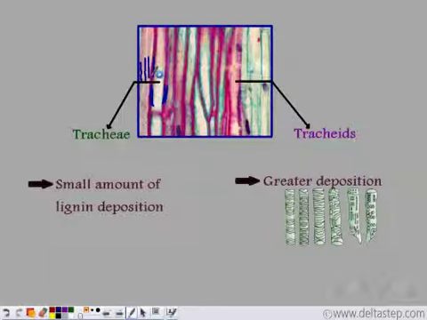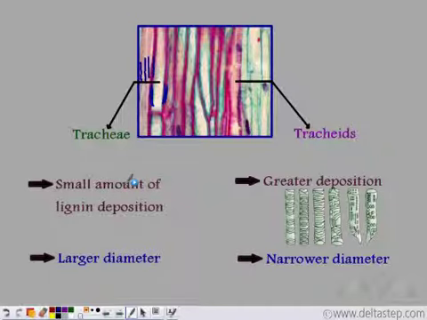Since the trachea have a lesser amount of lignin on their cell walls, they are wider, they have a bigger diameter compared to the tracheids, which have a very thin diameter. See, the diameter is very thin in the tracheids. Now, notice another thing, that since the trachea have a broader passageway, they can easily conduct water from the root upwards to the leaf.